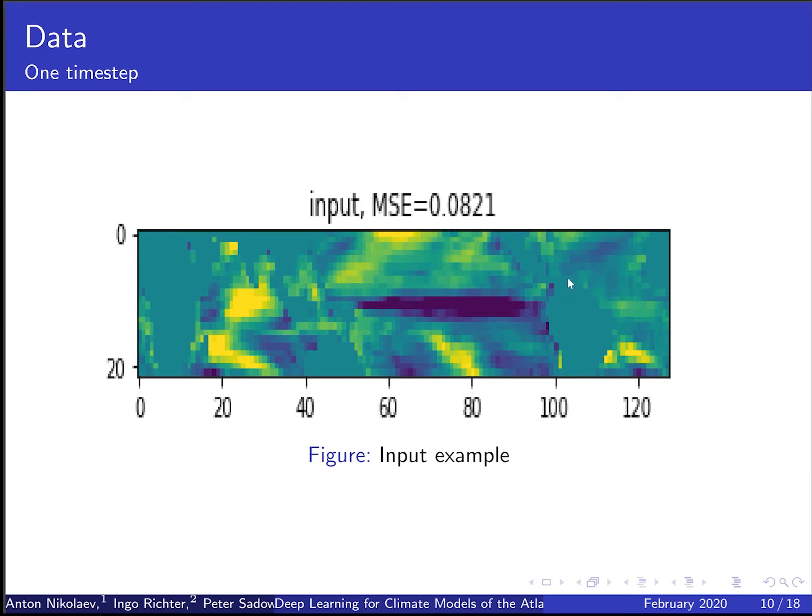What we are going to input into the neural network is a certain number of steps of previous climate states, and we're trying to predict half a year of the development of the climate and then estimate how well it does.